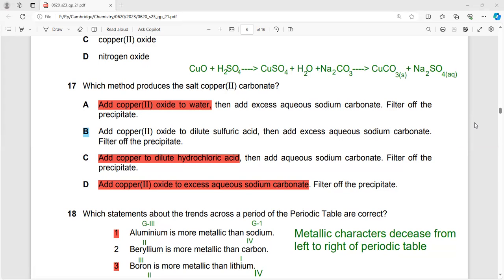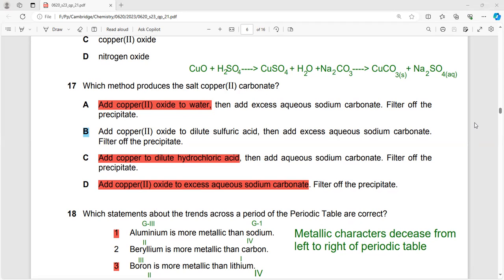In step one, you combine copper oxide plus sulfuric acid, and this produces copper sulfate plus water. Then you add sodium carbonate, and this precipitates copper carbonate plus sodium sulfate in aqueous form. After filtration, you can separate the copper carbonate from the solution.